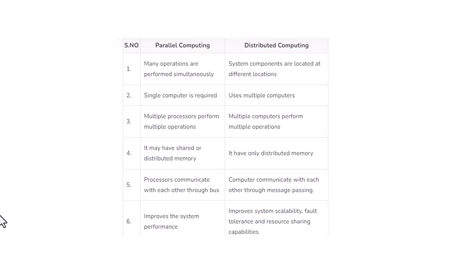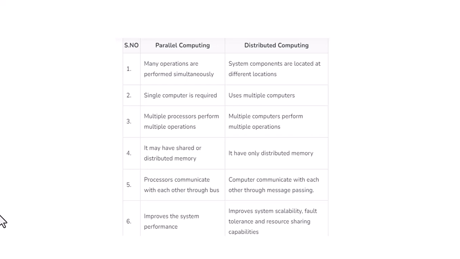But there is a difference between these multiple operations. In distributed computing, the multiple operations are for a single task, and in parallel computing, the multiple operations can be for the single task or for different tasks. A parallel computer may have shared or distributed memory, while a distributed computer has only distributed memory.